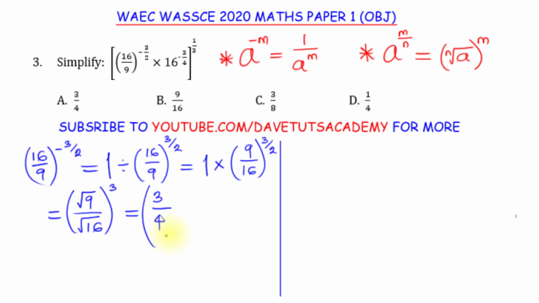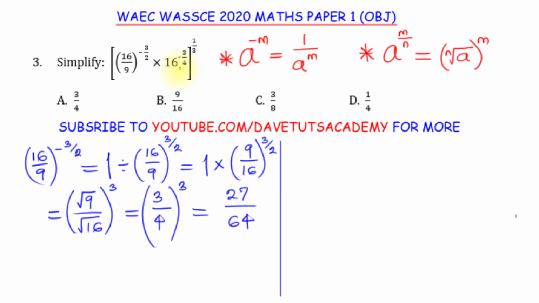So this is 3 over 4 raised to power 3, and I can just express it out. 3 raised to power 3 is 3 multiplying itself in 3 places: 3 times 3, 9, times 3, that's 27, over 4 raised to power 3, which is 4 times 4, that is 16, 16 times 4, that is 64. So for this first expression in our question, I have 27 over 64.